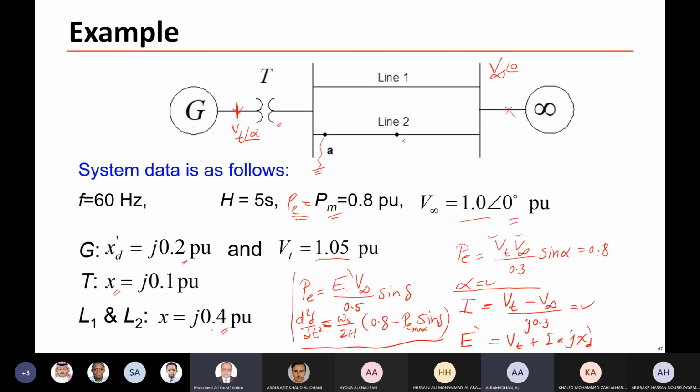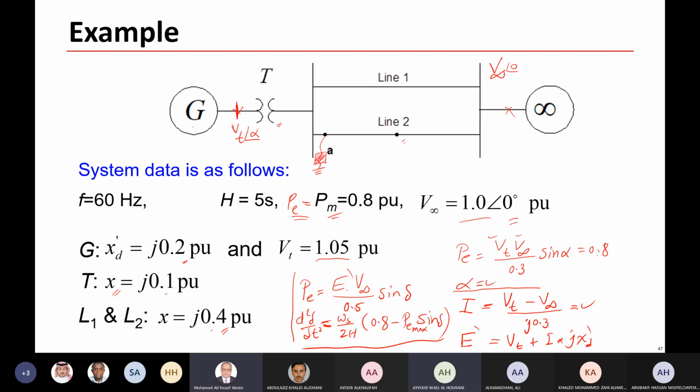Ayub, Rani? It would not be zero, Doctor. Why? Because now the impedance from A to ground is not zero. It's j0.1. So when we convert from star to delta, X12 will have a value.